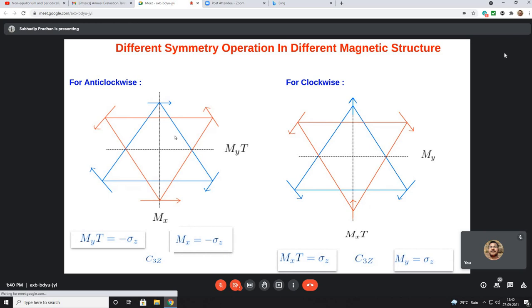So a 90 degree rotation will not give the same crystal structure. That is the question. You have to respect the crystal discrete symmetry group.